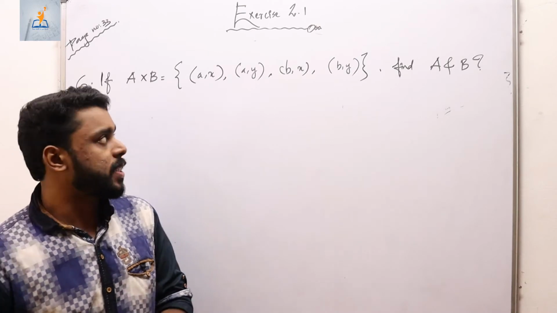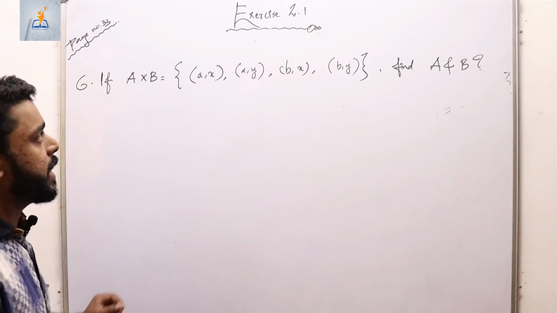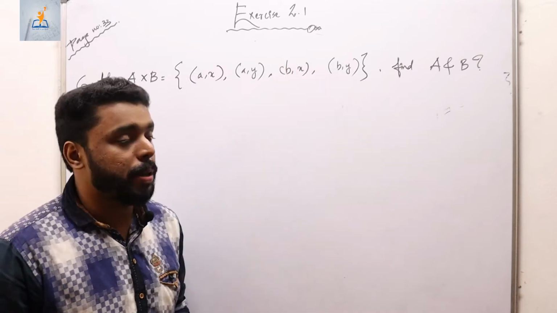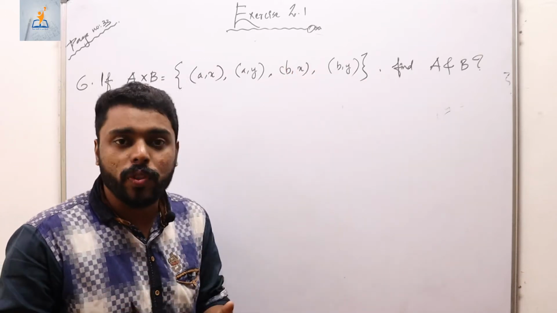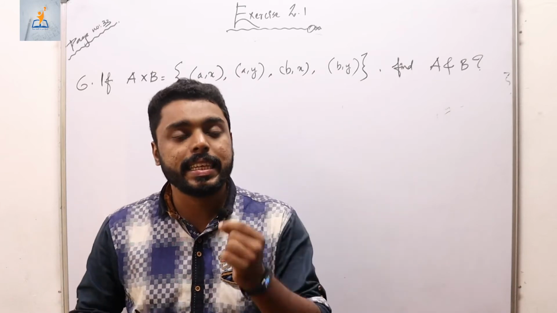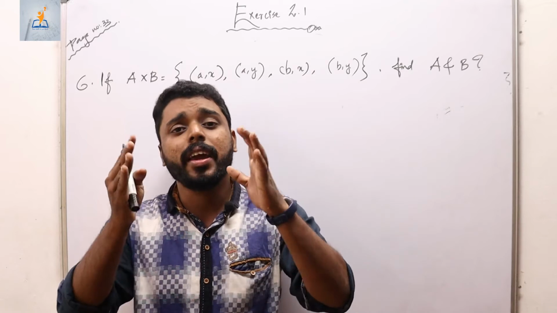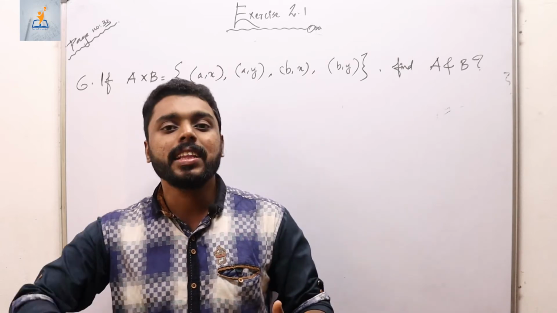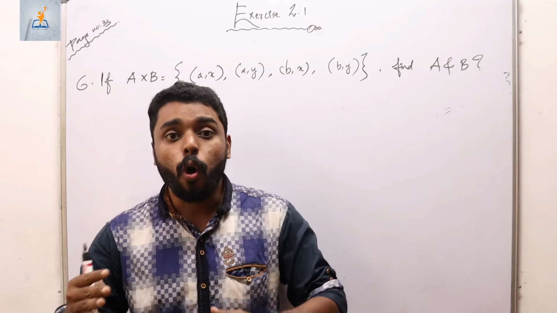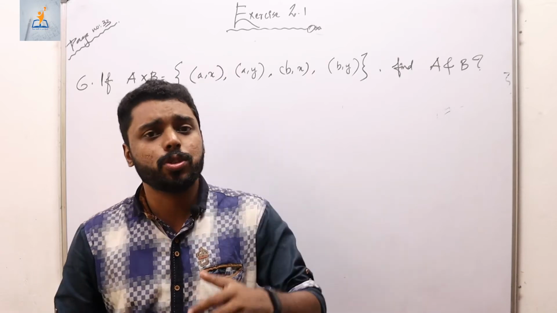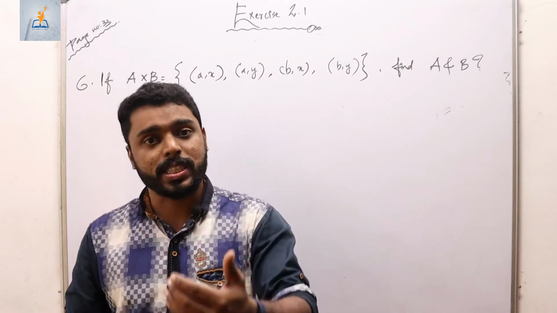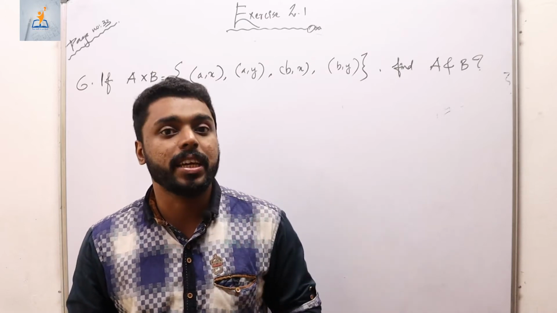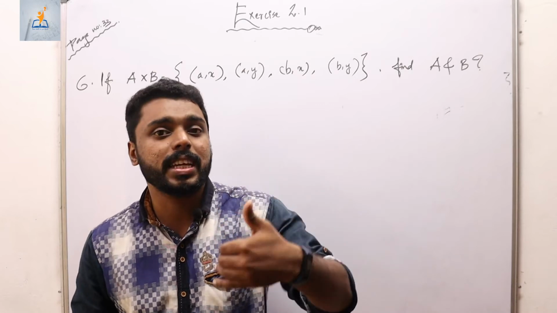Coming on to the sixth question, the question is: if A cross B is given as the set of all ordered pairs (a, x), (a, y), (b, x) and (b, y), find A and B. We know that whenever we are given two sets A and B, A cross B contains all the ordered pairs where the first element is from the first set A and the second element is from the second set B. Or suppose we are given two sets A and B and we are supposed to find B cross A, then for each ordered pair the first element will come from the set B, because B occurs first in B cross A, isn't it?